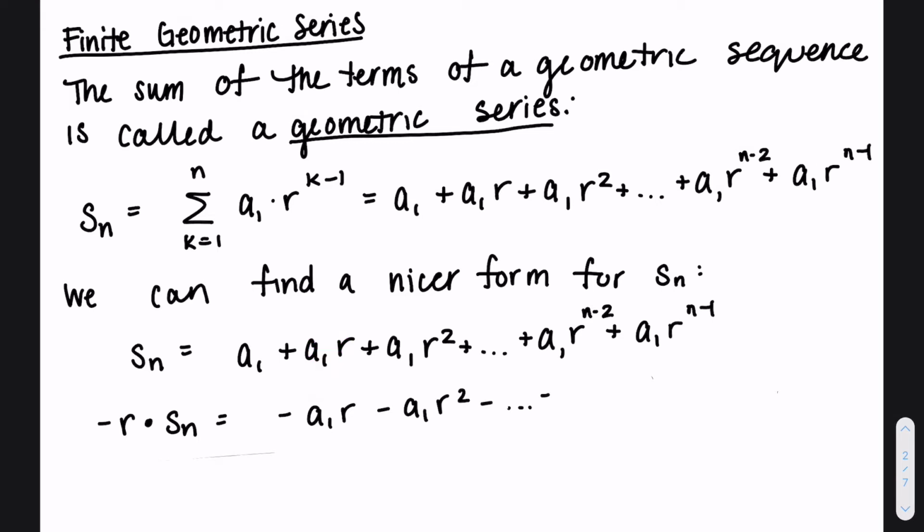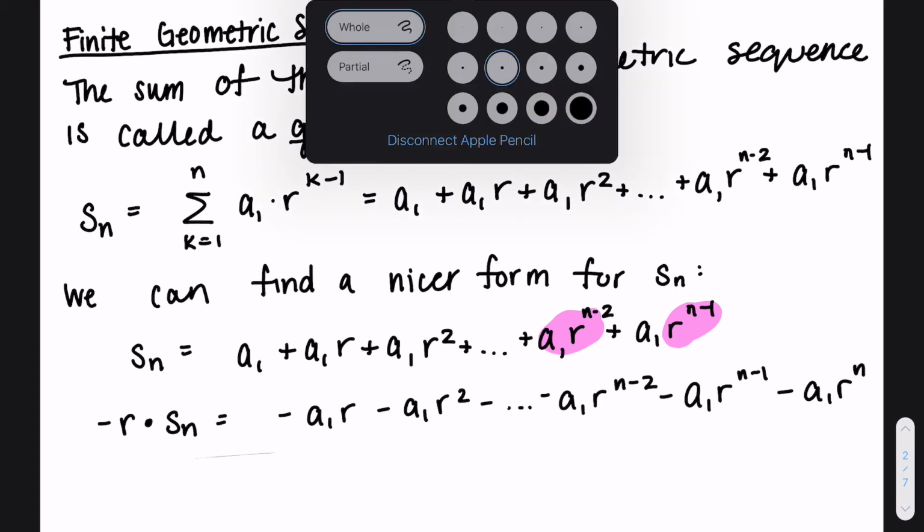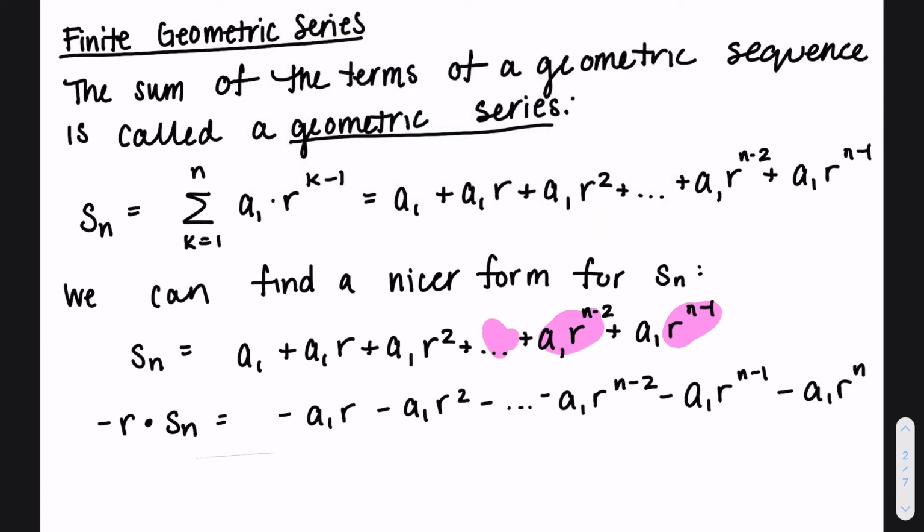If you take this term and multiply it by r, it's going to bump that power up by 1, so it'll be to the n minus 1. And likewise, if you take this and bump it up by an r, you're going to get r to the n. There's a term in the middle right before this, where the n minus 3 power would have an n minus 2 power.